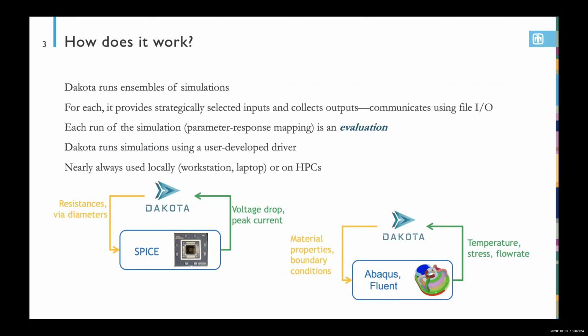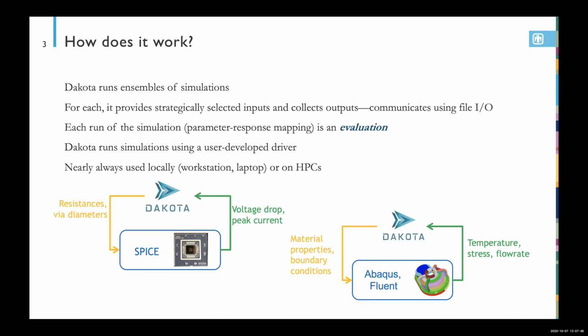And so the way it works is it runs ensembles of simulations. For each of the simulations, depending on the type of study you're doing, it provides strategically selected inputs and collects outputs. And all the communication that it does with the simulation is based on file I/O. So it writes out a file that says where it wants your simulation to run, what input it wants your simulation to have.